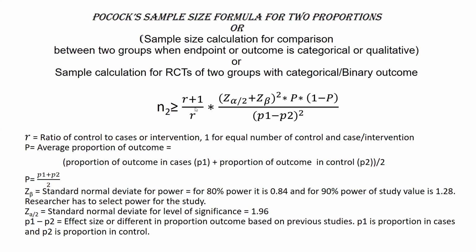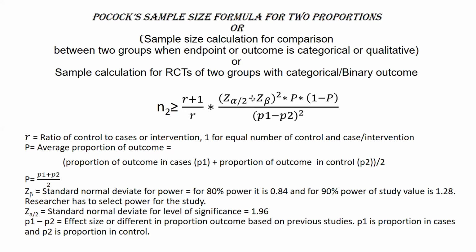So 1 plus 1 divided by 1 comes 2. So 2 multiplied by Z alpha by 2. At 95% confidence interval, what is the value of Z alpha by 2? 1.96. Very good.